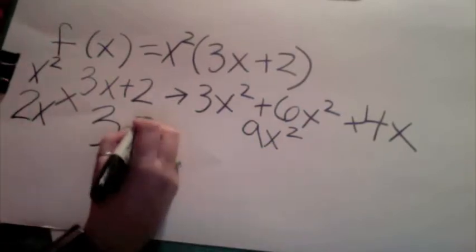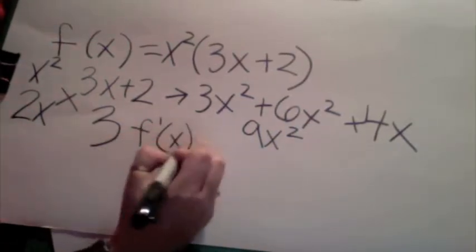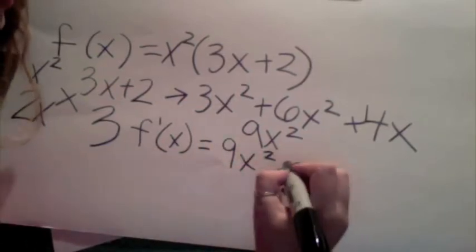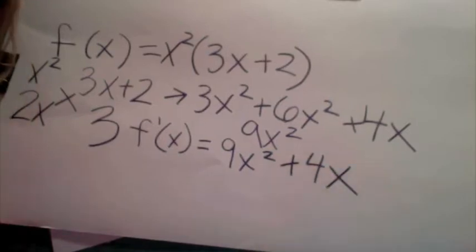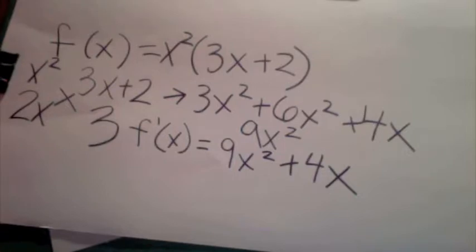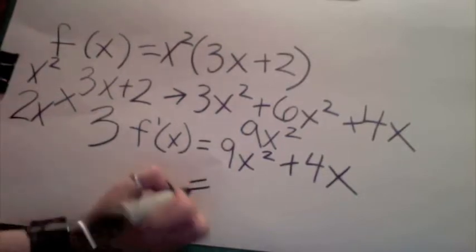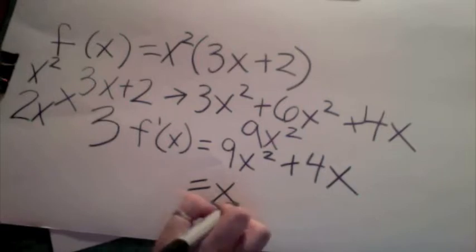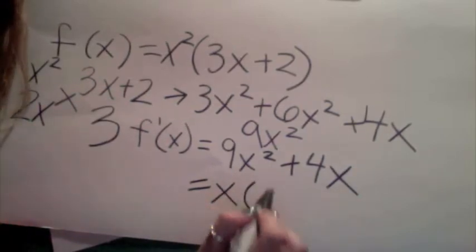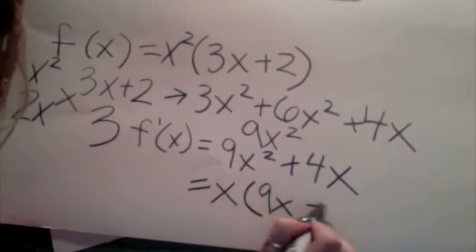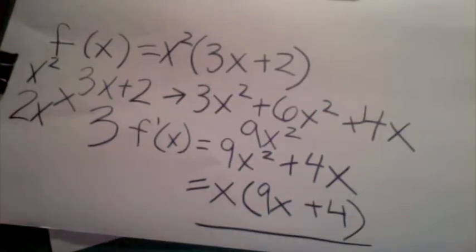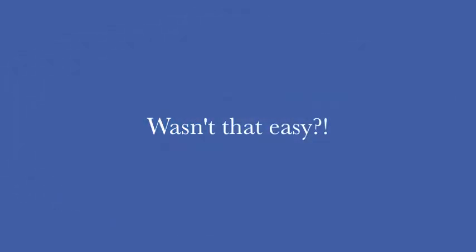So, f prime of x would equal 9x squared plus 4x. In this case, you have to use the greatest common factor. So, f prime of x would equal x, which is common in both 9x squared and 4x, times 9x plus 4. And that would be your derivative.